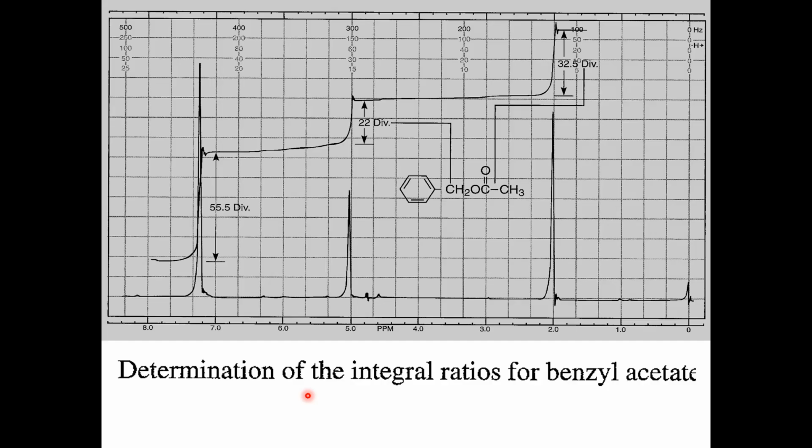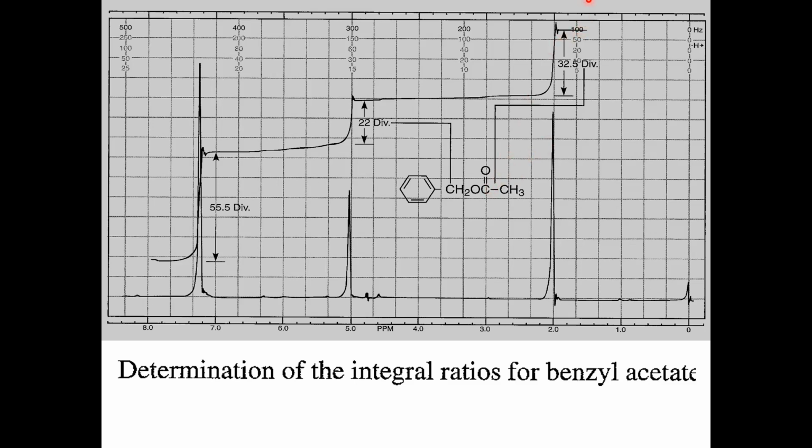In this spectrum, you can observe the chemical shift scale here in delta scale. We have 3 signals. The most deshielded signal belongs to 5 aromatic protons. This one in the middle is for the methylene protons, and this one for the methyl group.